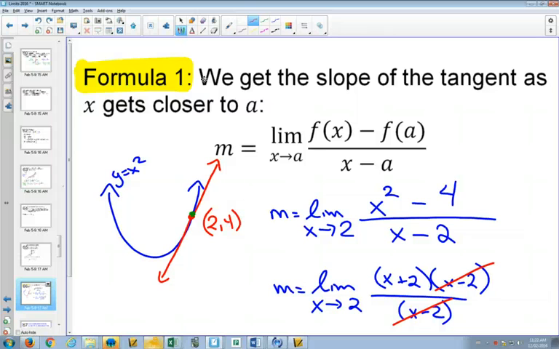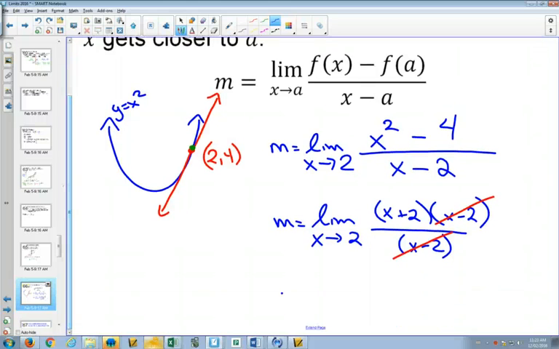And once you cancel those out, you're no longer dividing by 0. So now you can plug in 2, and we get that this limit is equal to 4. And so the slope of that red line at (2, 4), you could go over 1 and up 4, and that would be the slope of that line.